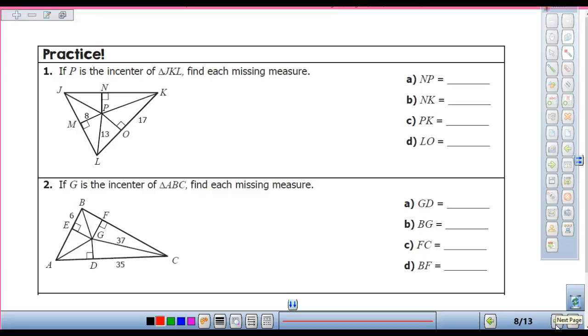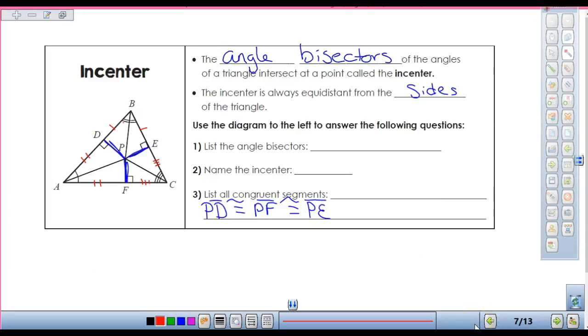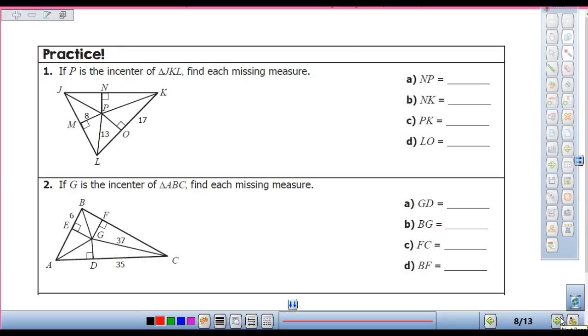Okay, so if we're talking incenter, NP, so this guy is going to be 8. So all three of these are 8.